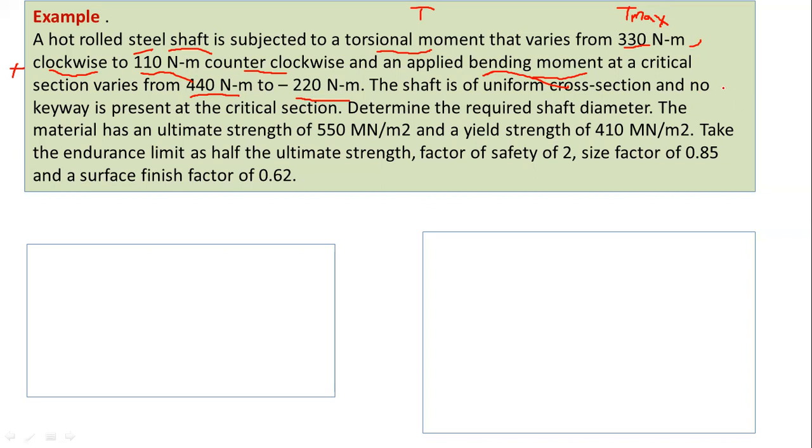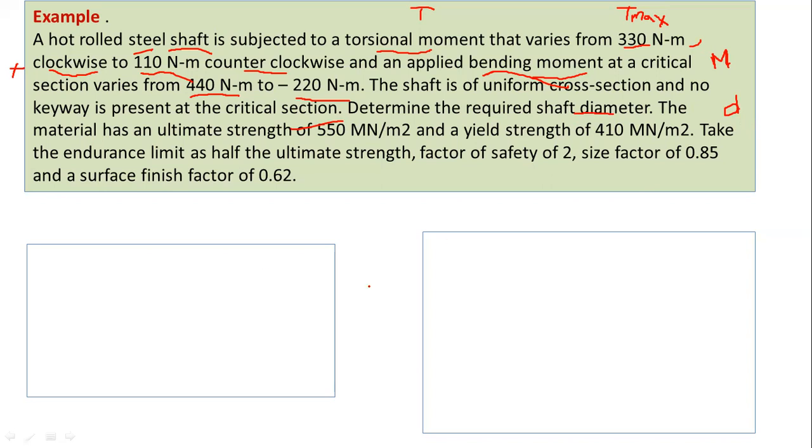Bending moment symbol is M. So M max equal to 440, M minimum equal to minus 220. The shaft is of uniform cross section. No keyway is present at the critical section. So determine the required shaft diameter, that is small d. You have to find out the diameter of the shaft d.